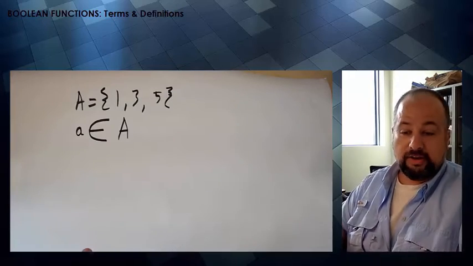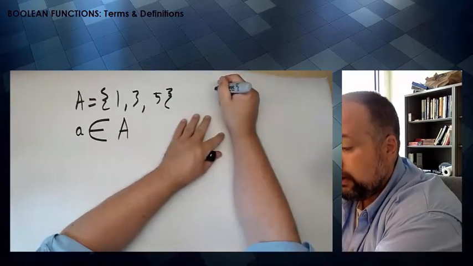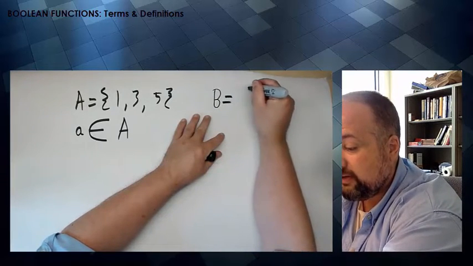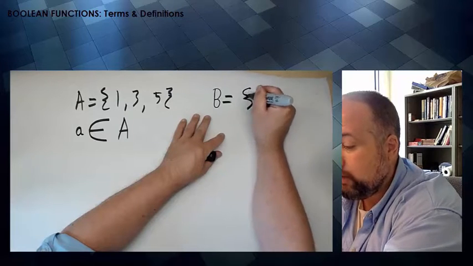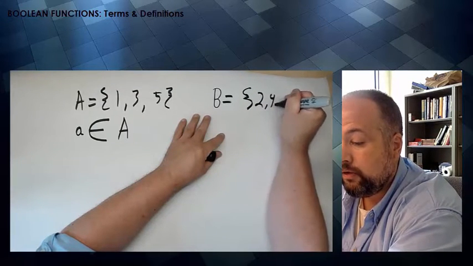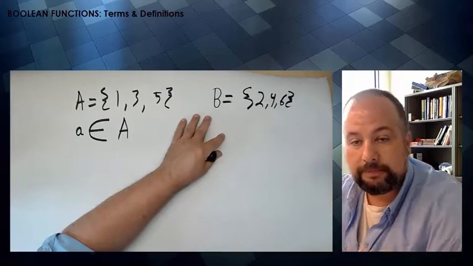We could define another set. Let's define another set because we're awesome. Let's say that we have a set B, and let's say that it equals 2, 4, and 6, right?